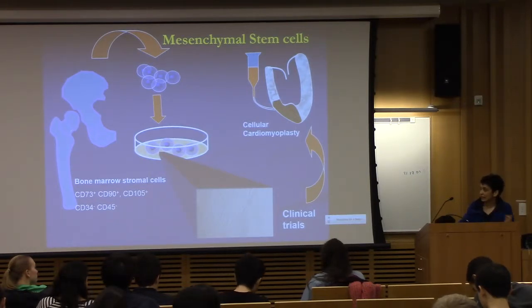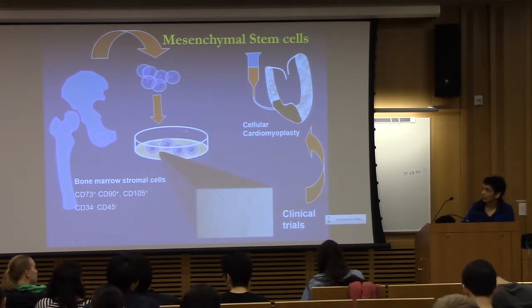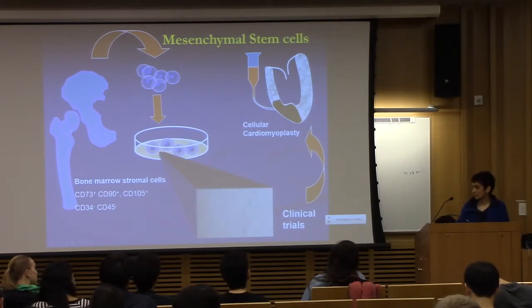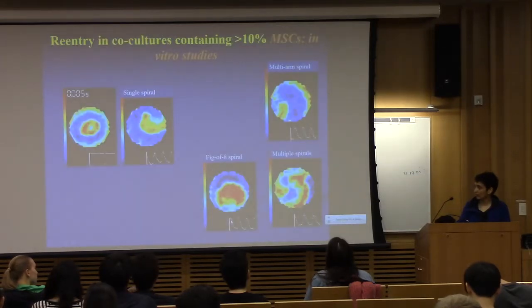So they have specific markers, and they are isolated from bone marrow or from adipose tissue. You can expand them in culture, and then you can inject them back in the patient or animal models intramyocardially or intravenously. And this is an example of these mesenchymal stem cells growing in tissue culture.